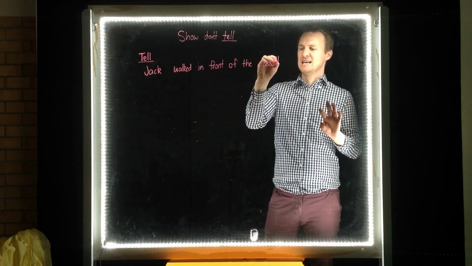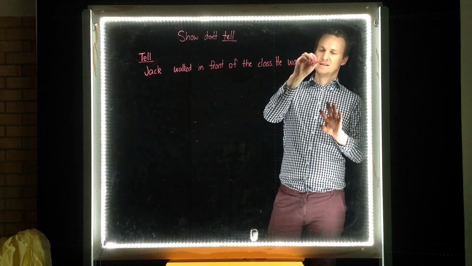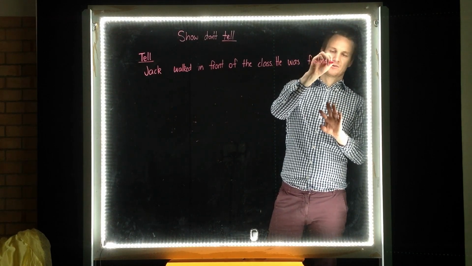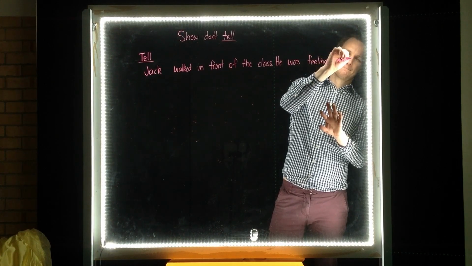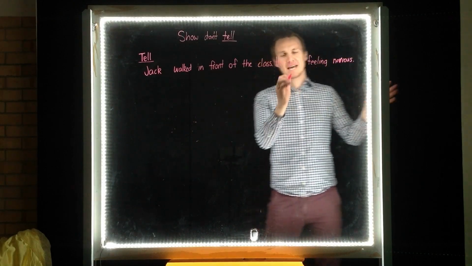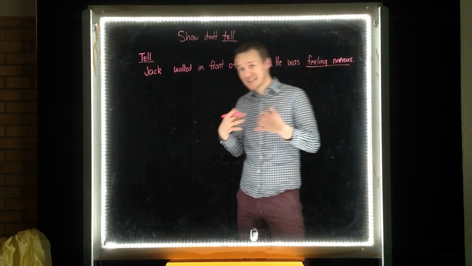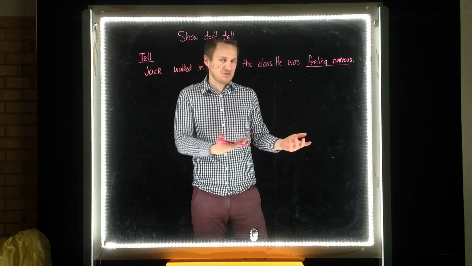Then you say he was feeling nervous. Now you can see by saying he was feeling nervous, you're telling the reader what he's feeling, which is great. You're telling him he's nervous.